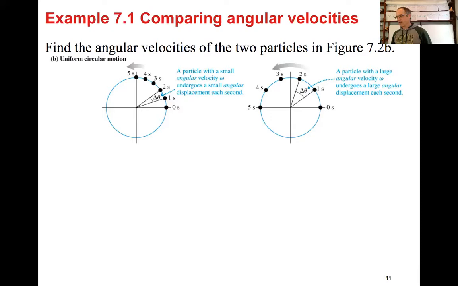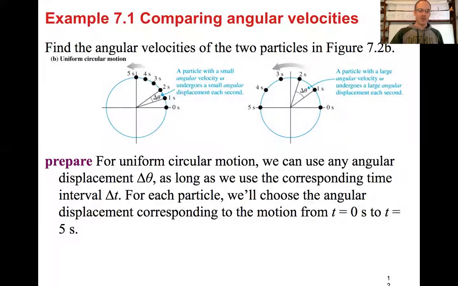So one radian is 60 degrees, and the particle on the right is moving at about the same period across its whole motion. So it's going to be moving, you know, at a slower angular velocity according to our calculations.